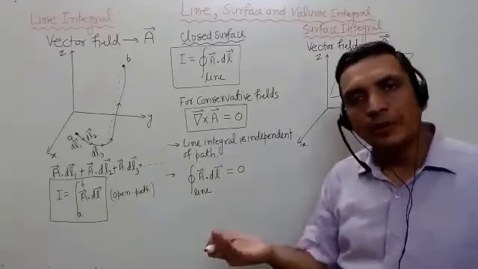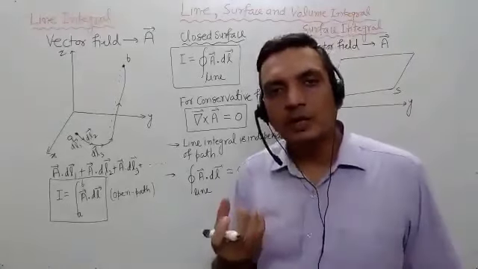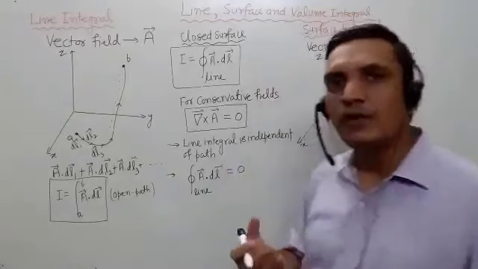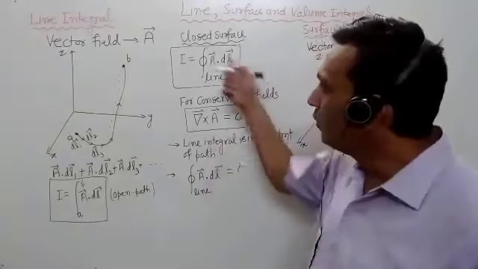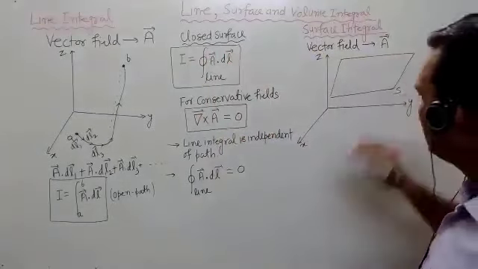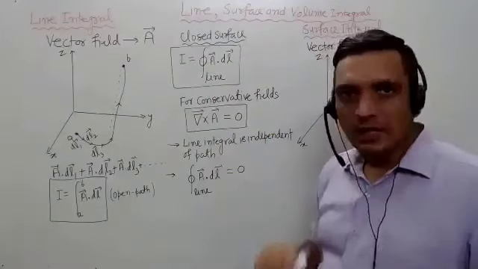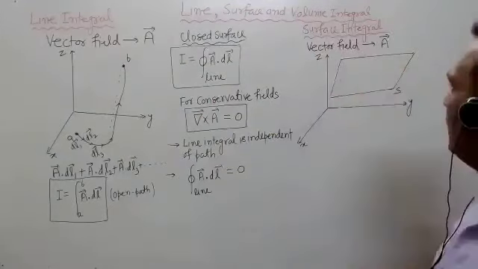Maybe again it may be open or closed. You know, whenever you have a volume that is surrounded by closed surface, and when you have an open surface that is surrounded by closed line. So let us take this is an open surface, and you have to find surface integral over this surface in this vector field.